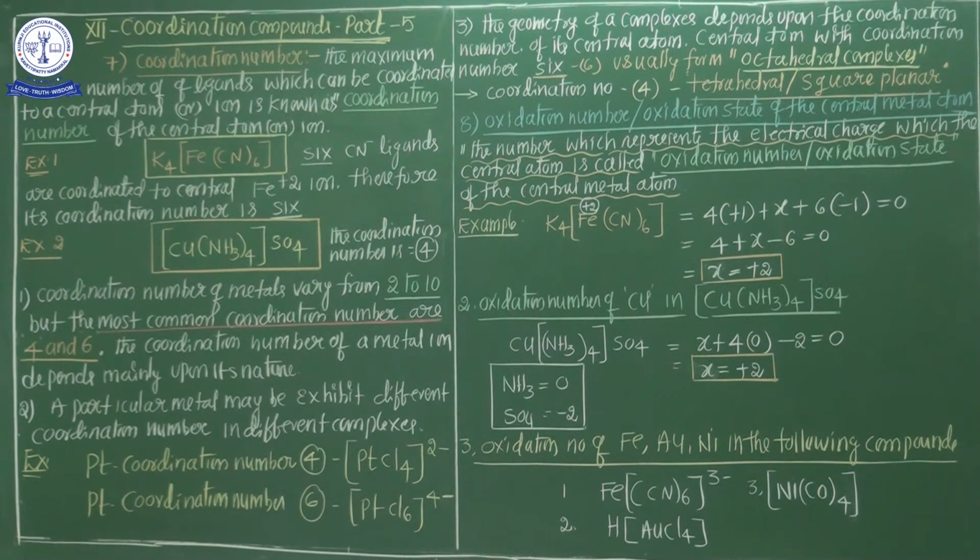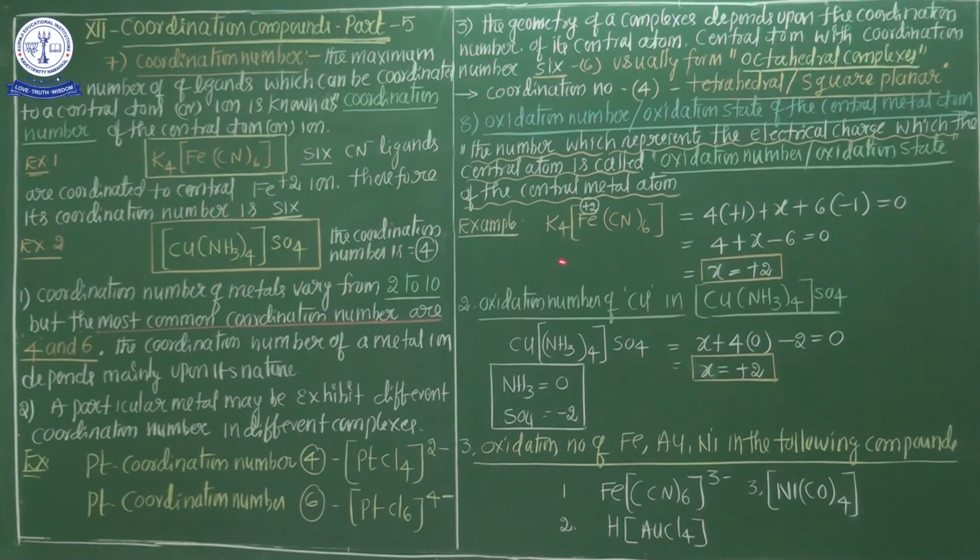Next term in coordination chemistry: oxidation number. Most important is the oxidation number or oxidation state of the central metal atom. You already know very well how to calculate the oxidation number or oxidation state of the central metal atom. We already studied it in the 11th standard redox reactions chapter.